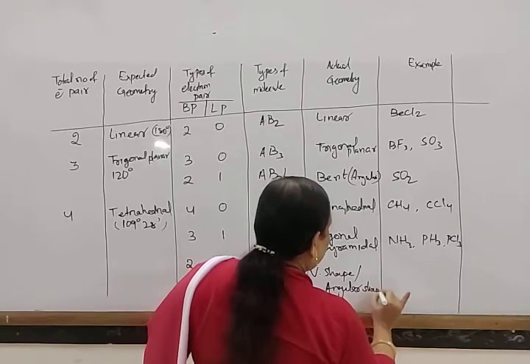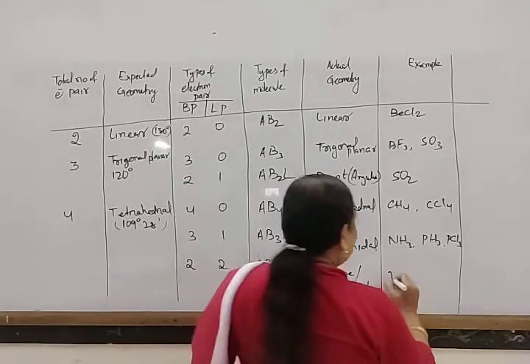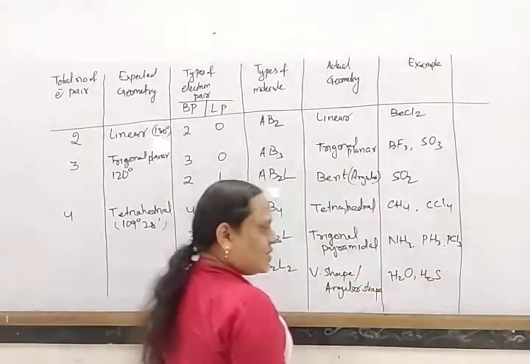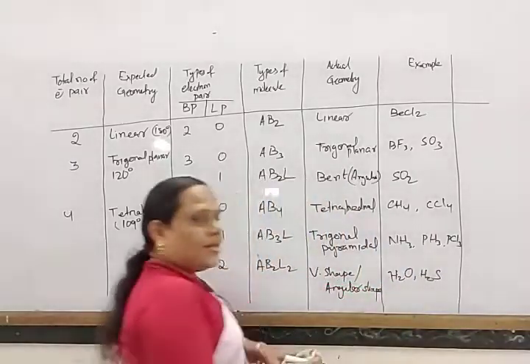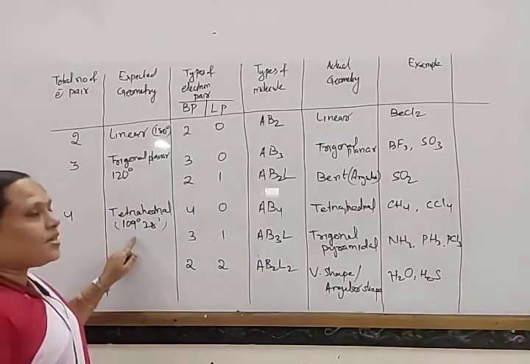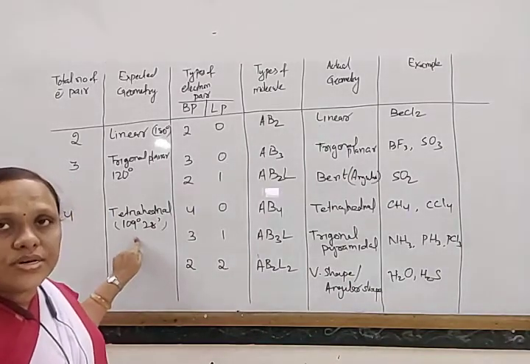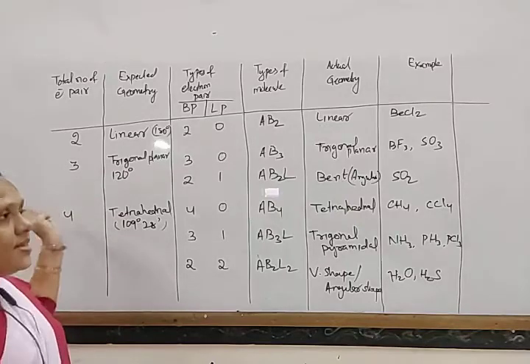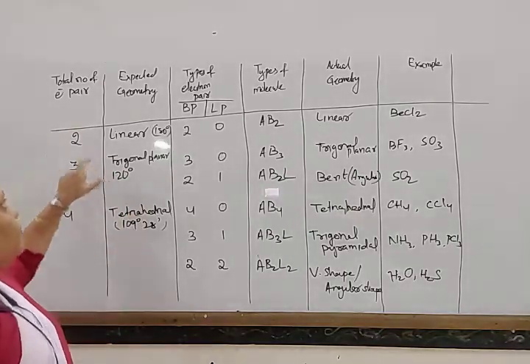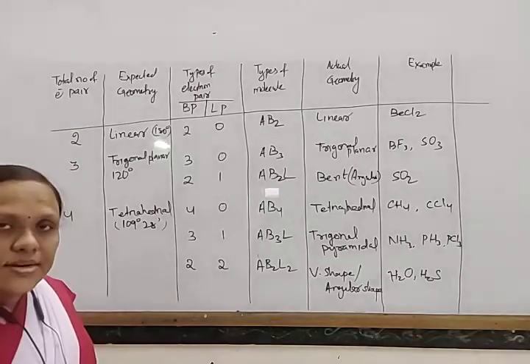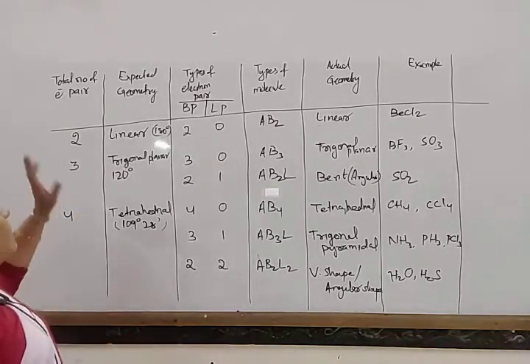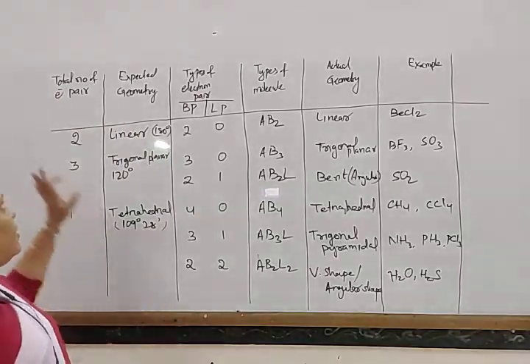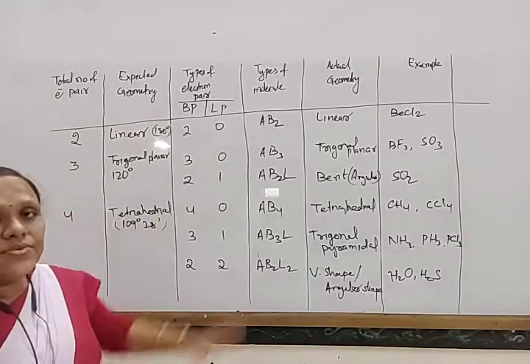Examples are H2O, H2S, etc. And the bond angle is also less than 109 degrees 28 minutes. So first note down this, and next I am going to give you other examples and other data for how to determine the structures.